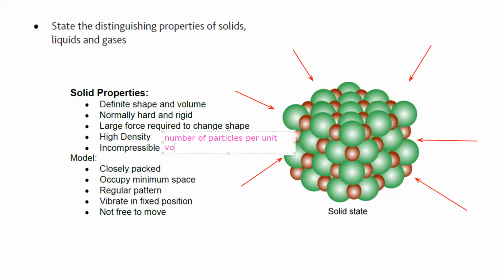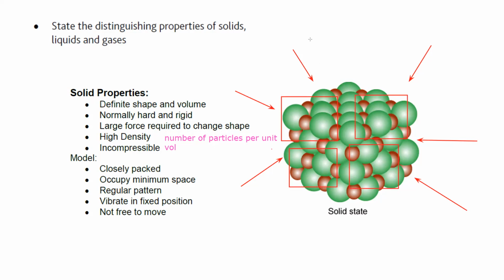So how many particles are there in a unit space? That refers to density. When we take a specific volume, we will find many particles in that region or space. That's why we say solids have high density.